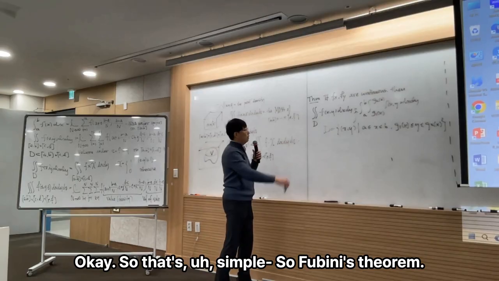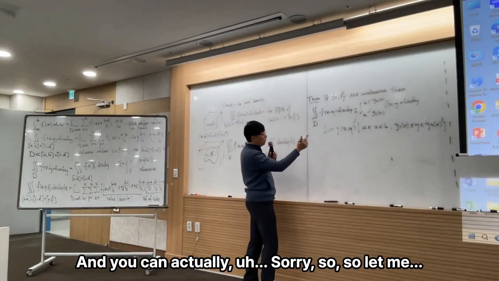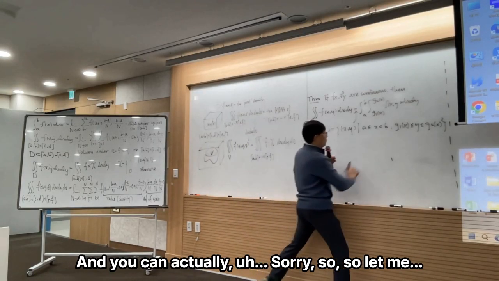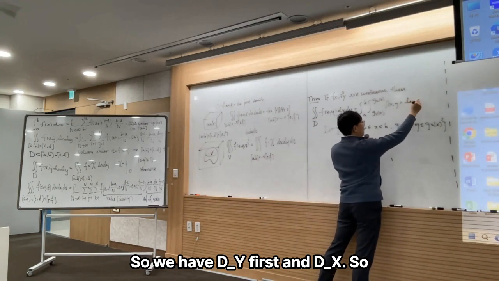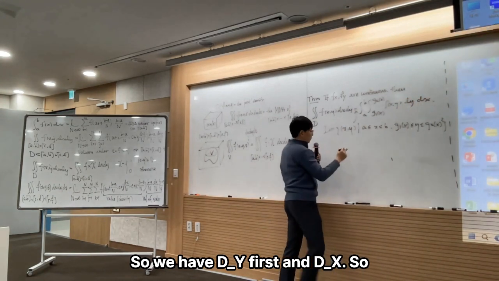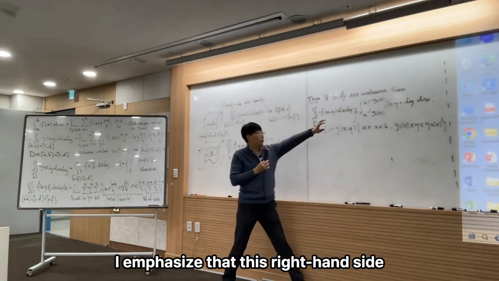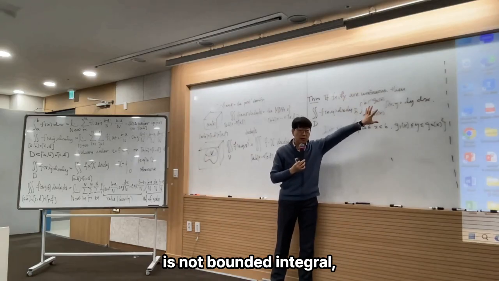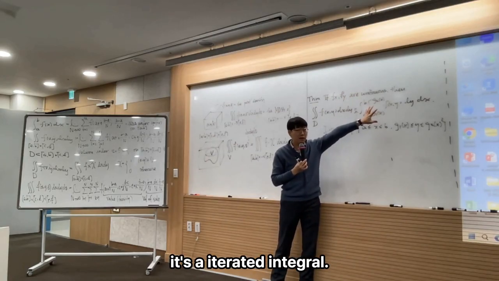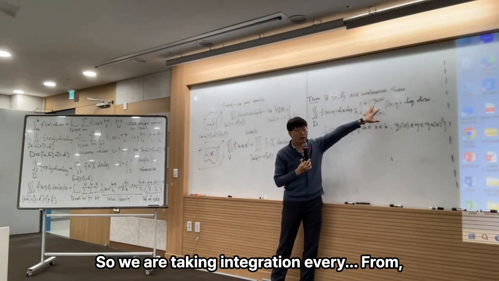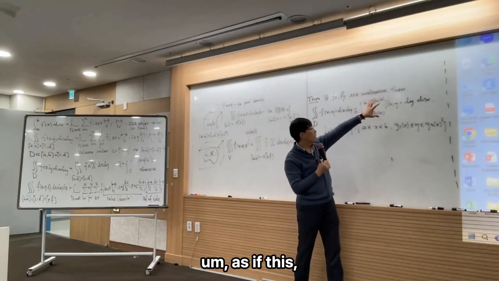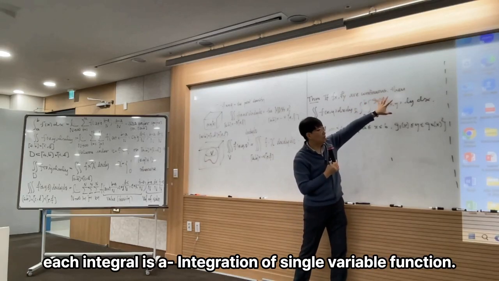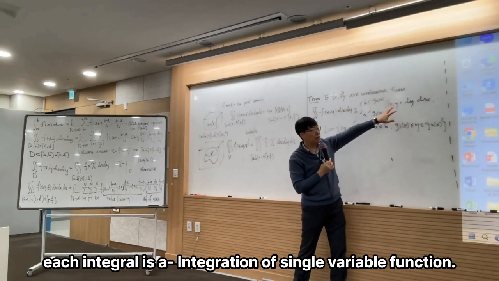Okay, so that's the simple Fubini theorem, and you have to be careful about this order, right? So we have dy first and then dx. I emphasize that this right-hand side is not a double integral; it's an iterated integral. So we are taking the integration from the inside to the outside, as if each integral is an integration of a single variable function.